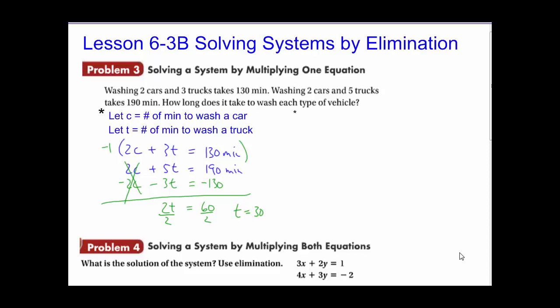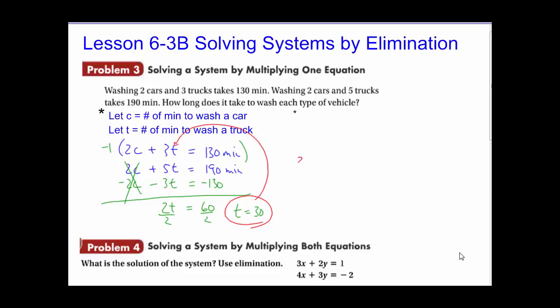Now we need to take that 30, because we need to figure out how long it takes to wash a car. So we're going to plug it into one of the original equations. If I just go to the top, let's plug in T here.